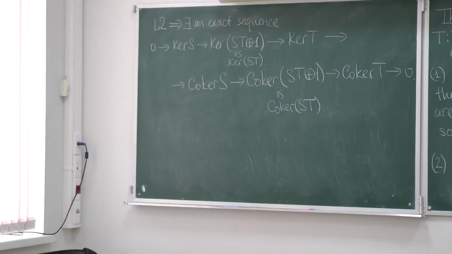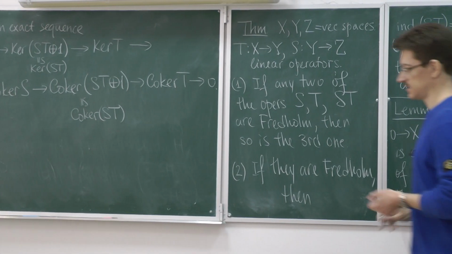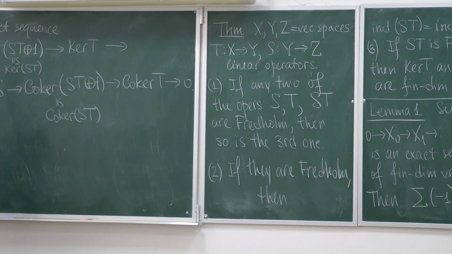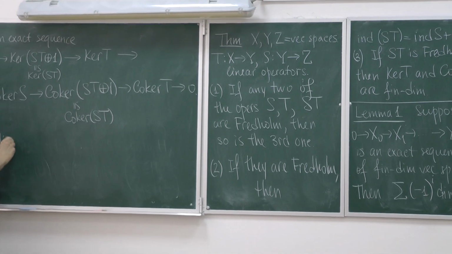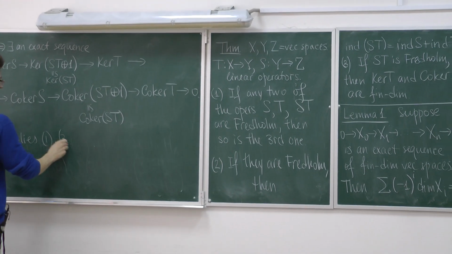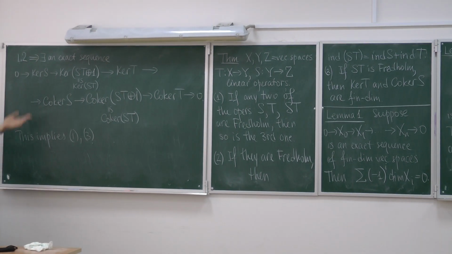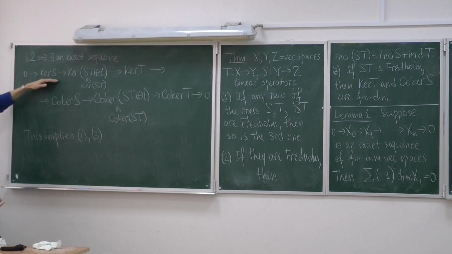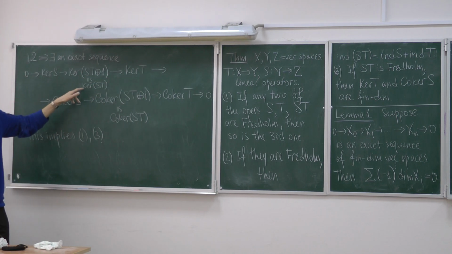Now, since the sequence is exact, this immediately gives us the first and the third parts of the theorem. Indeed, if, for example, S and T are Fredholm, and the sequence is exact, these two spaces are finite dimensional, and so this one is also finite dimensional.